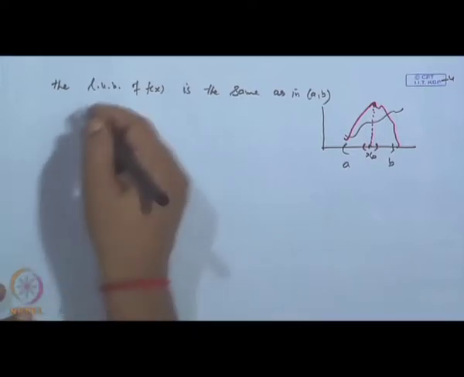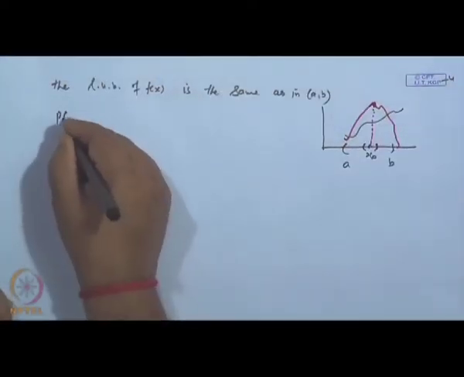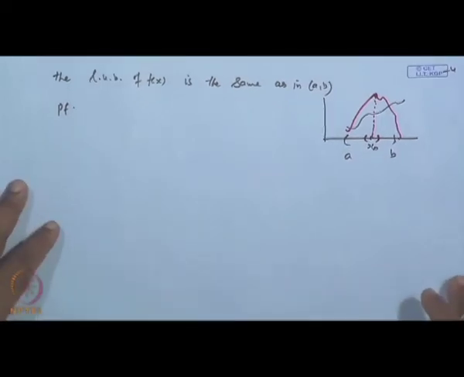The proof is obviously that the function is throughout a well defined function. The proof is very simple. Suppose the upper bound of this is m. Then what we do? Let us bisect this interval.